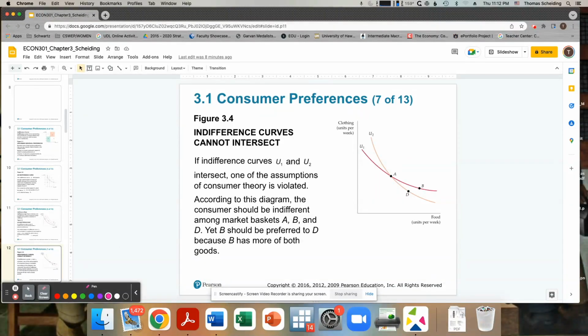A and B are indifferent because they're on the same indifference curve, U1. A and D are indifferent because they're on the same indifference curve, U2.